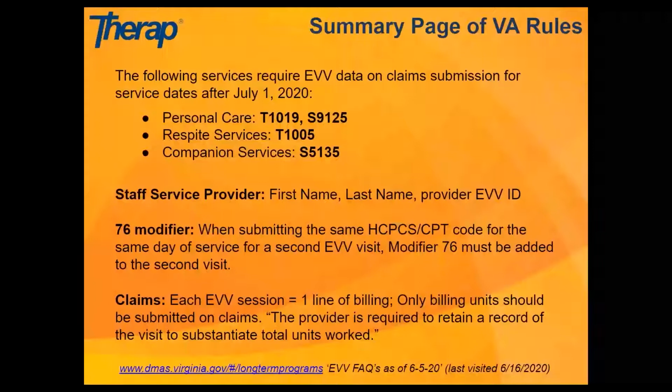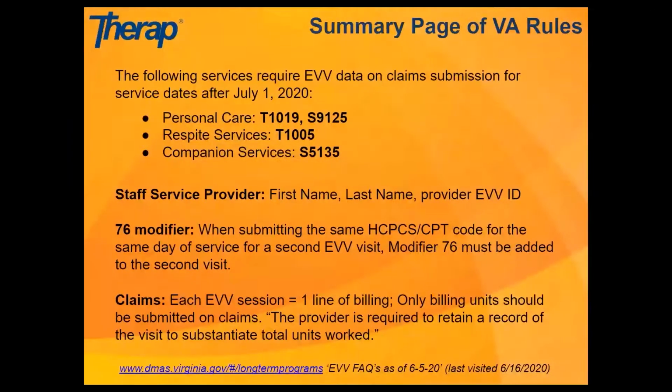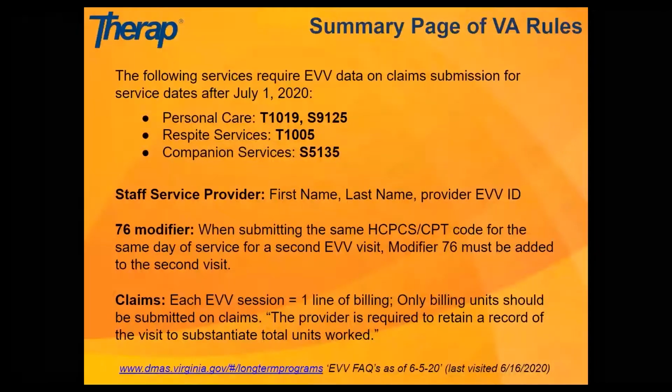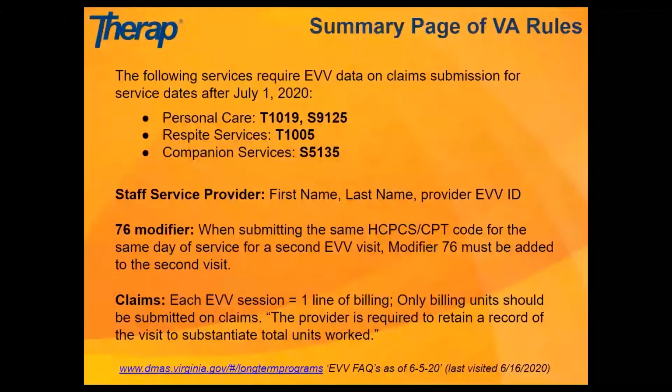Virginia Medicaid hasn't said that it is specific to any ID that they are issuing. That's a provider-specific ID. So as long as you have a unique ID for each staff, then that'll get sent along on that claim file.